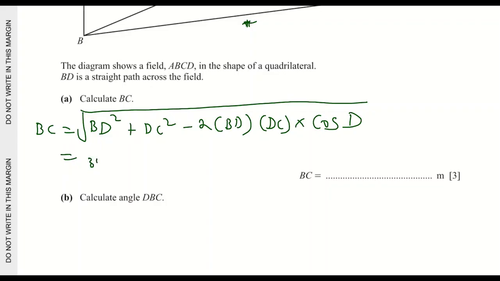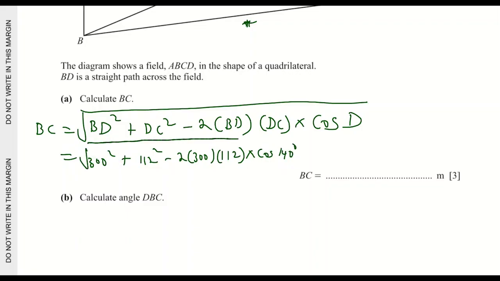This will be 300 squared plus 112 squared minus 2 times 300 times 112, times cos 140 degrees, everything under the square root.